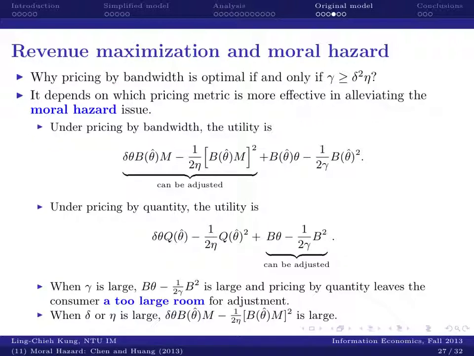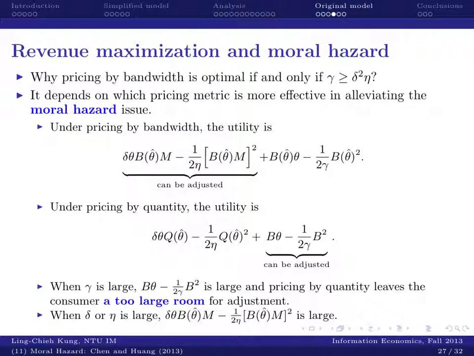So now what's the key? The key is that if gamma is very large, then that means the second term is very large. And then pricing by quantity will leave the consumer too large a flexibility for self-adjustment.